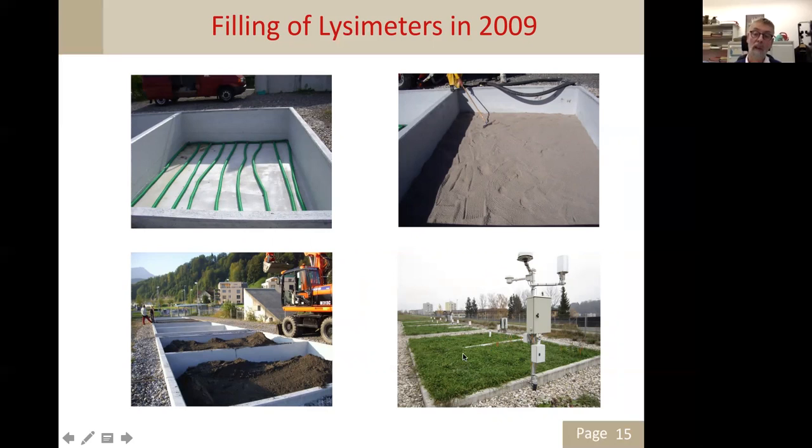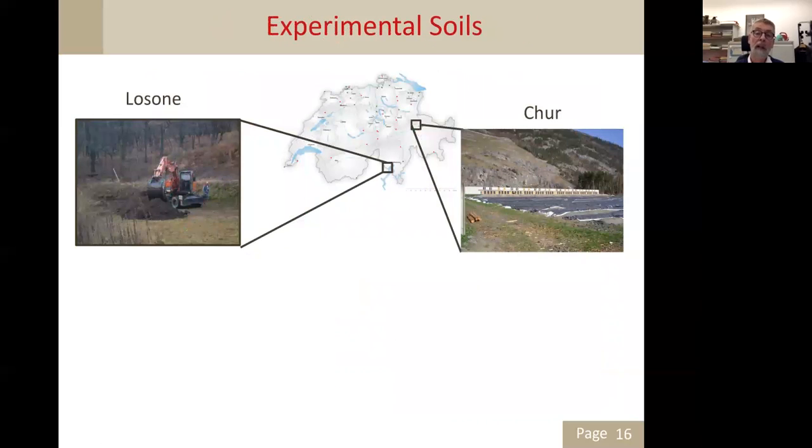All these lysimeters were then seeded with a pasture, a mixture of grass and ley, which is used by farmers for producing feed for their cattle in Switzerland. It's a standard mixture. You also see that we have a weather station, so we monitor rainfall and so on. And the two soils come from 2 shooting ranges that have been decommissioned and remediated.